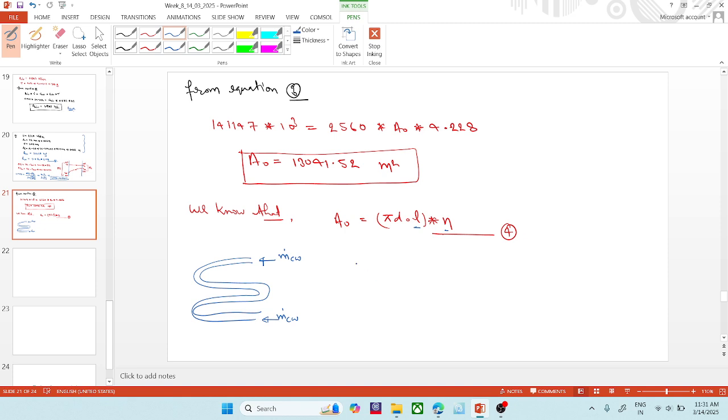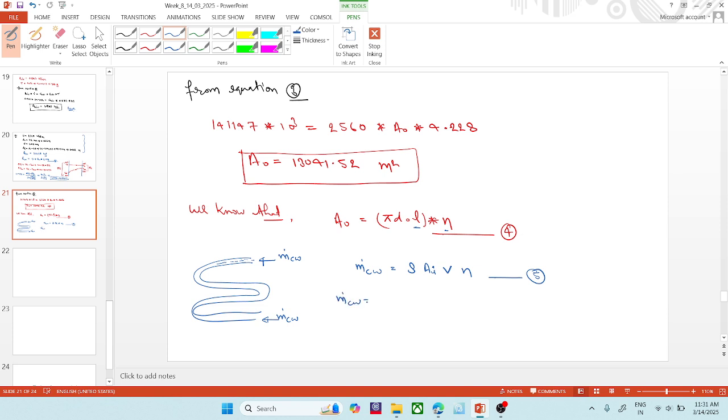So the formula of this m dot cooling water would be the rho, internal area Ai, because it is circulating inside the tube, the Ai into the velocity of the water into the number of tubes. And this would be my equation number 5.